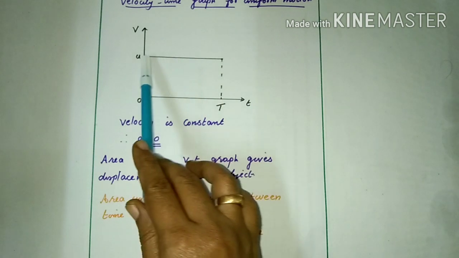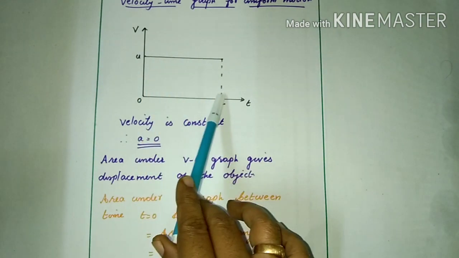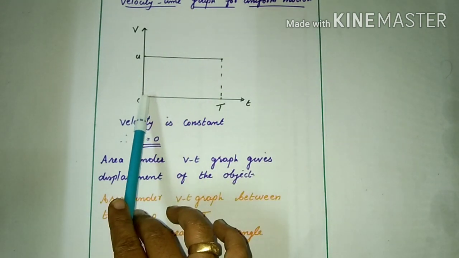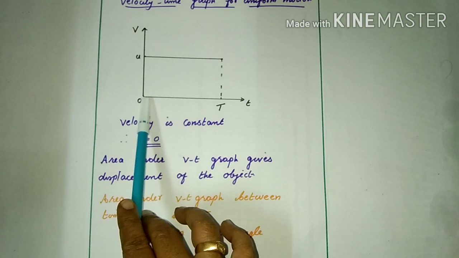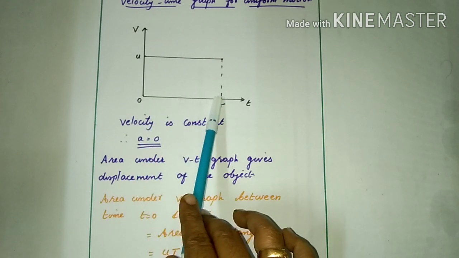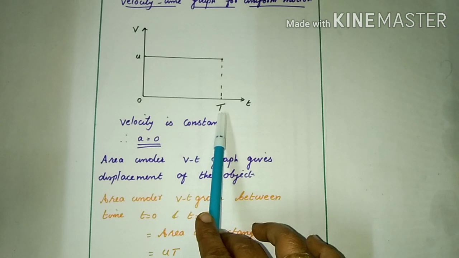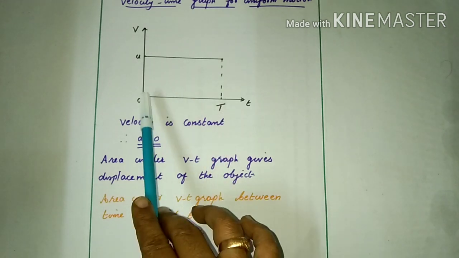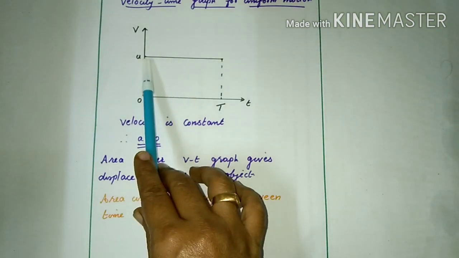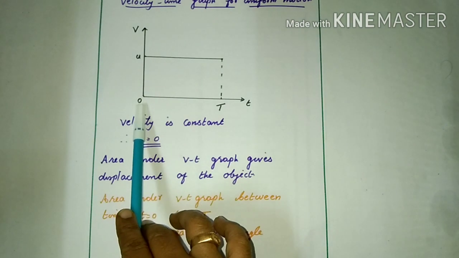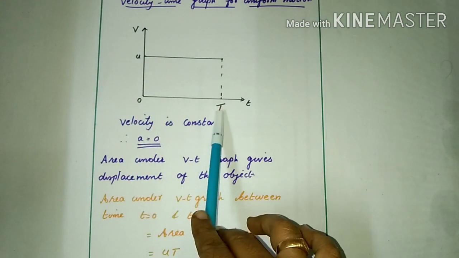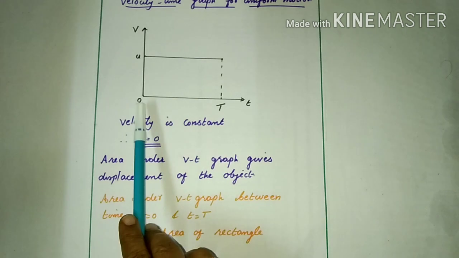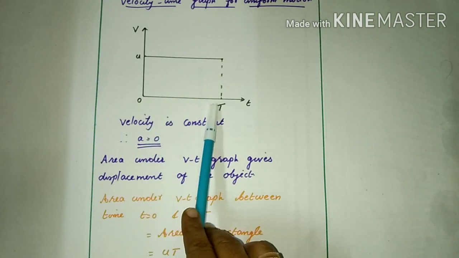So here the area is in the shape of a rectangle, that is the object moves through a distance after a time interval t seconds. Initially its velocity is u at time t equal to 0. Then after a time t seconds, it moves through a displacement.